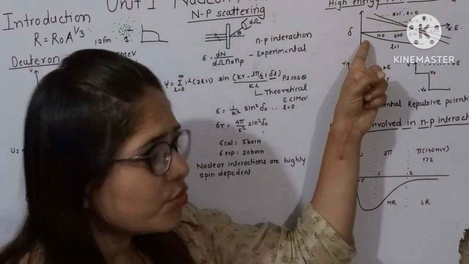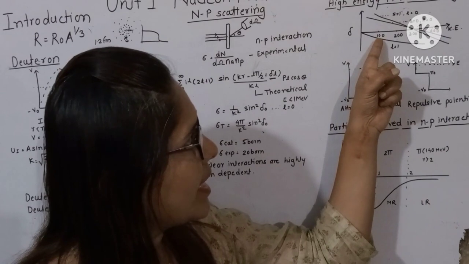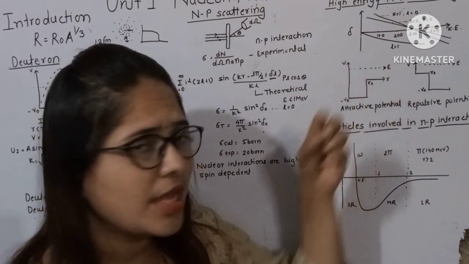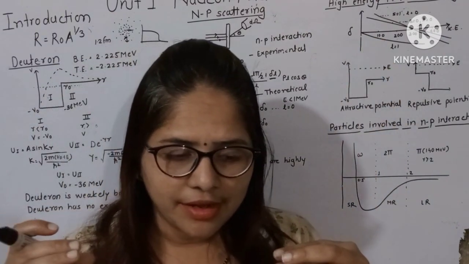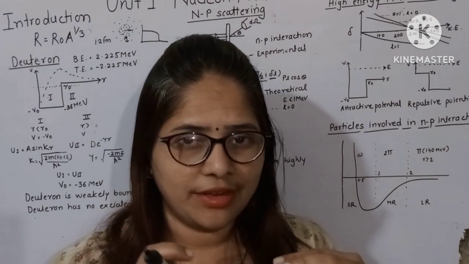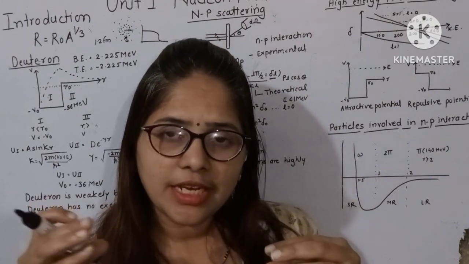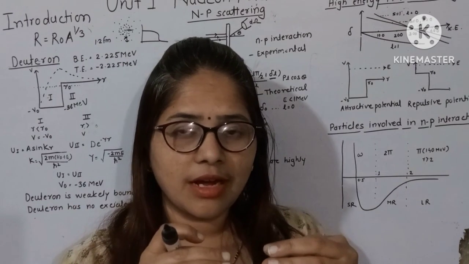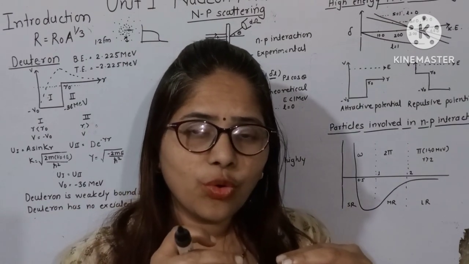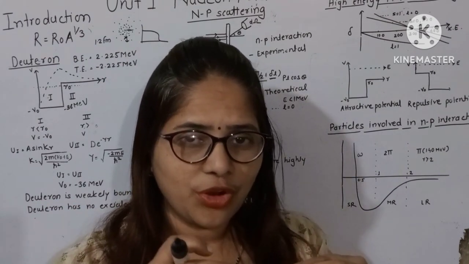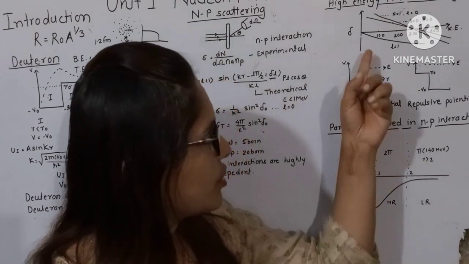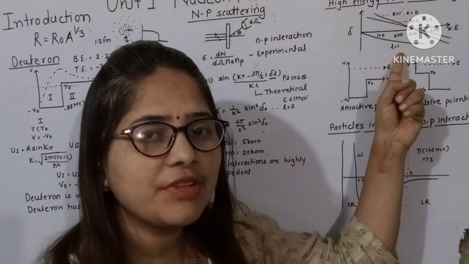So this L is not contributing, but as the kinetic energy goes on increasing, the incoming particle will start approaching closer to the neutron or the target particle. At that time, this L will start playing a role.